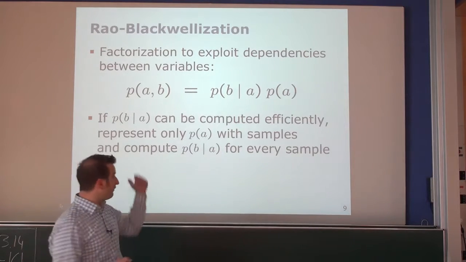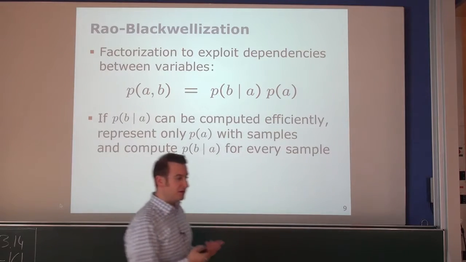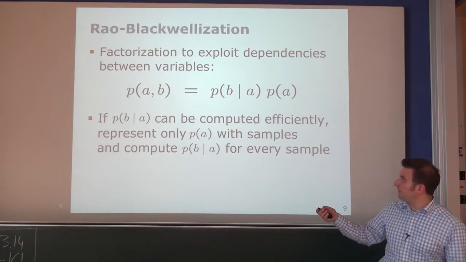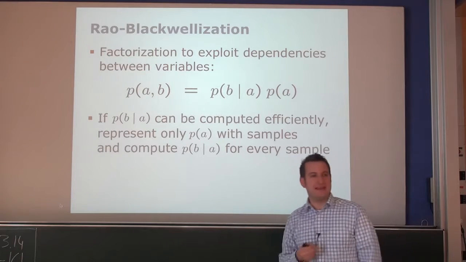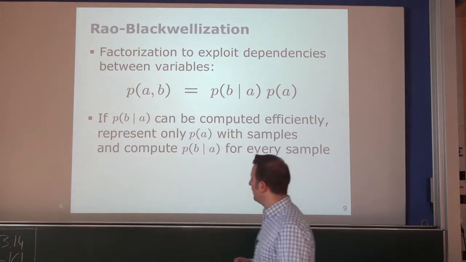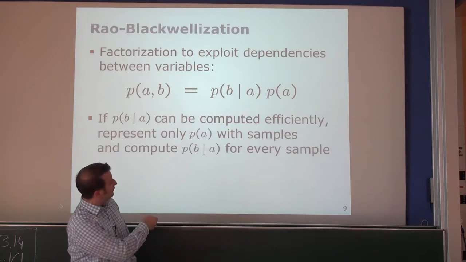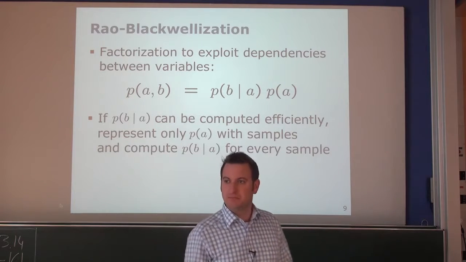And mathematically, it's a very trivial factorization. That's just the definition of the conditional probability that is exploited here. So given that I want to represent this distribution about, let's say, two random variables A and B. And P of B given A, so this part over here, can be computed very efficiently.